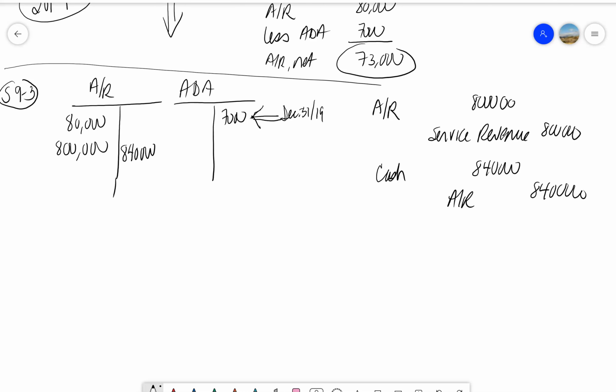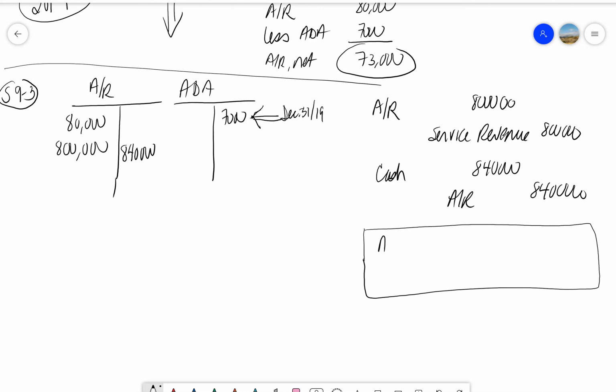What that represents is the amount that we think will be written off in 2020. So we think that in 2020, remember this is just an estimate, that we're going to be writing off 7,000 of accounts receivable.